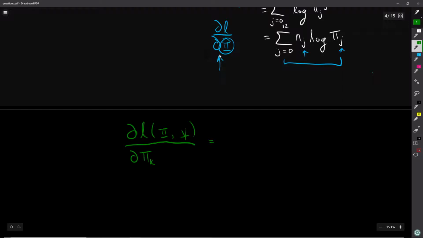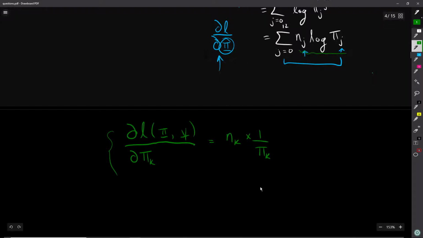And so for j not equal to k, we'll notice that this whole expression here is constant with respect to pi k, right? And so it's 0 everywhere that j is not equal to k. And then when j is equal to k, we get the nk coming out front, and then the derivative of log pi k with respect to pi k is 1 over pi k.